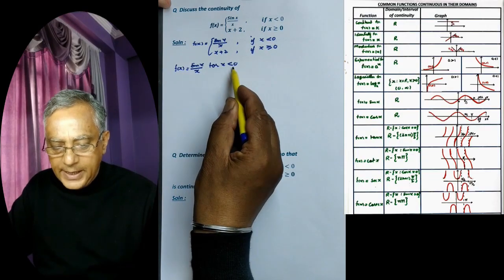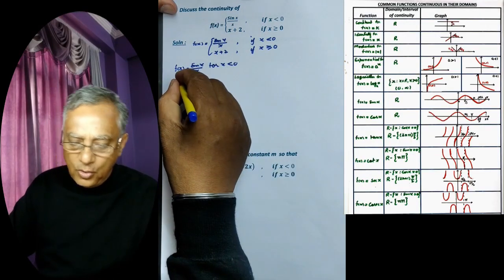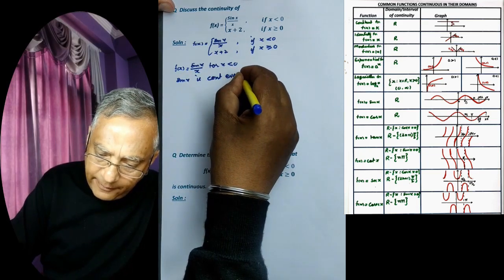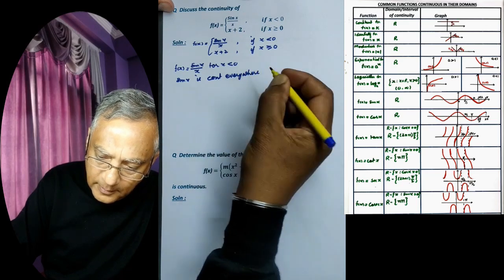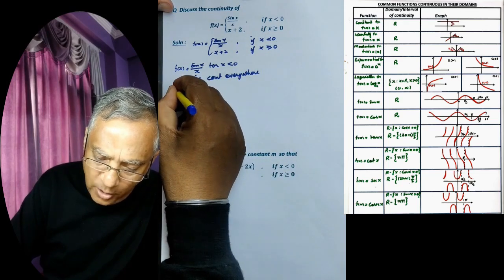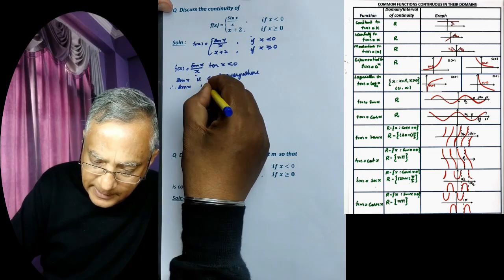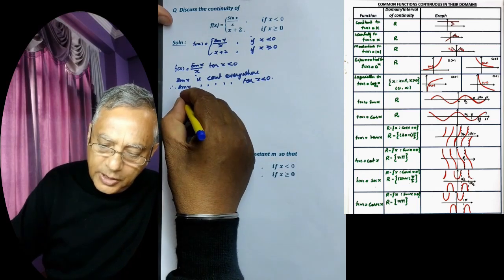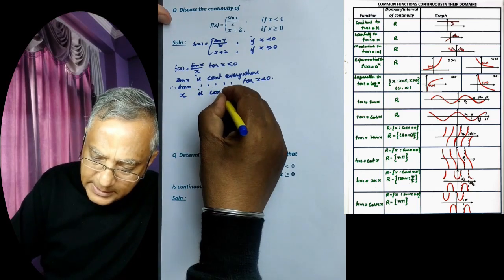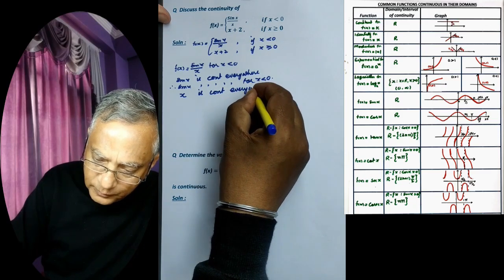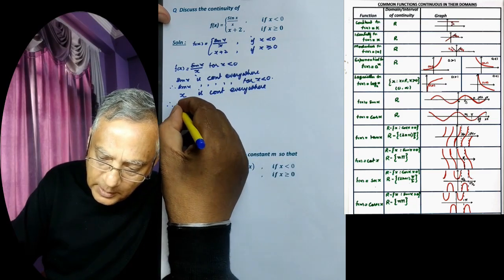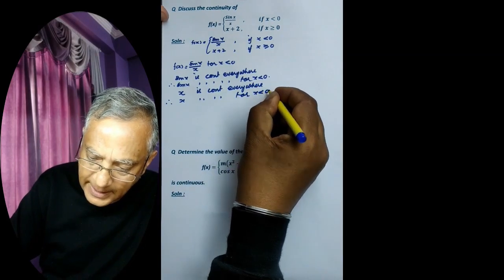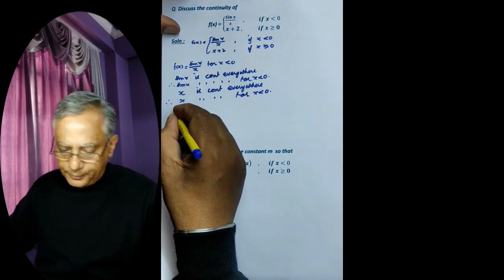Now, f(x) is equal to sine x over x for x less than 0. And we know sine x is continuous everywhere. And therefore, sine x is continuous for x less than 0. x being a polynomial is continuous everywhere. And therefore, x is continuous for x less than 0.